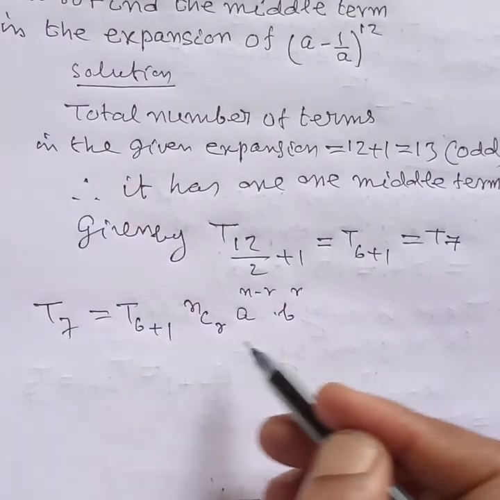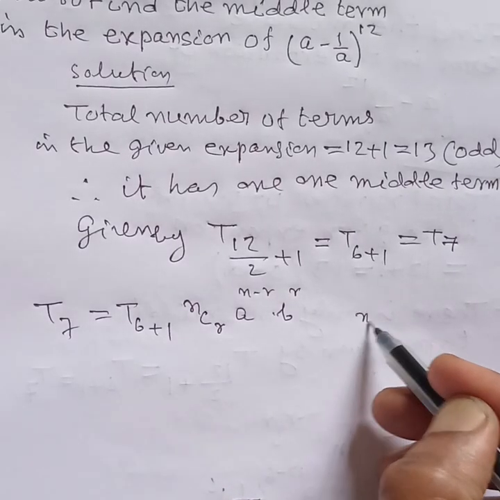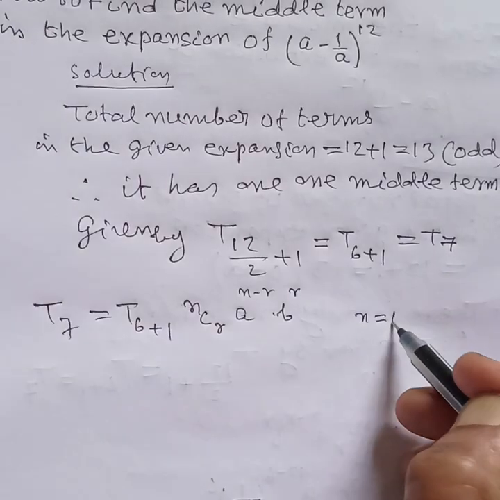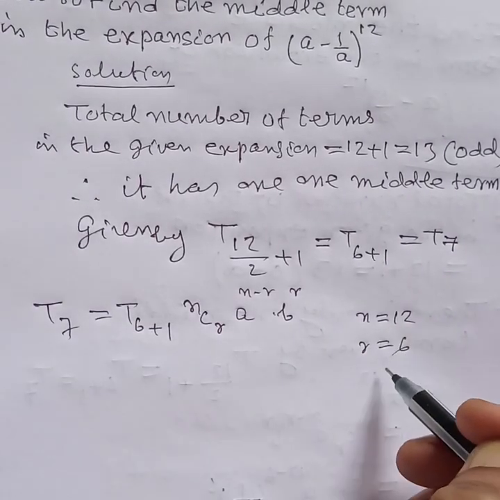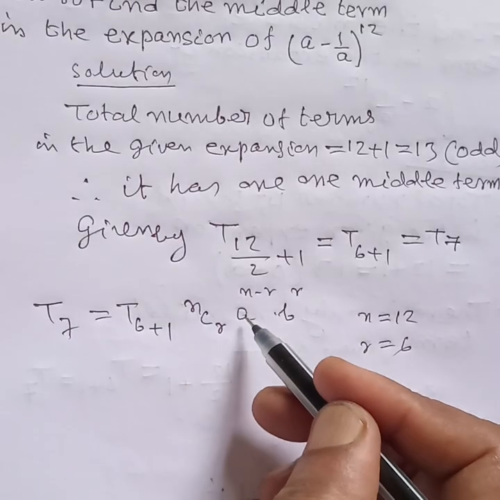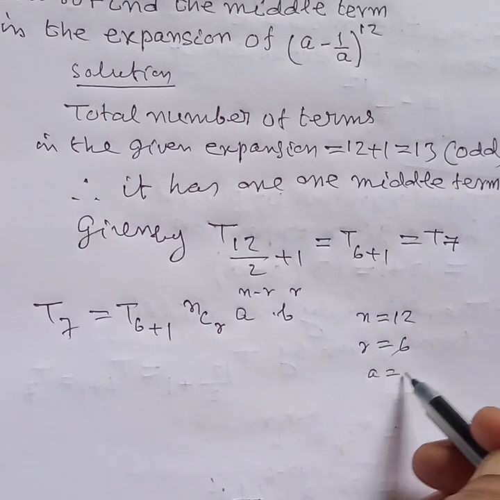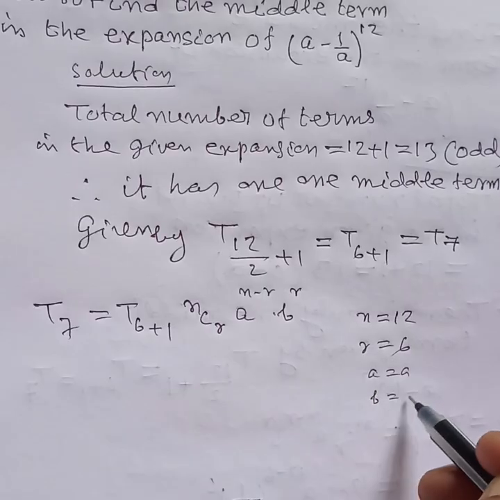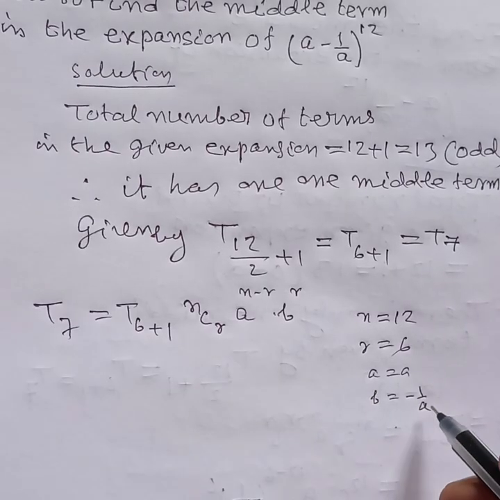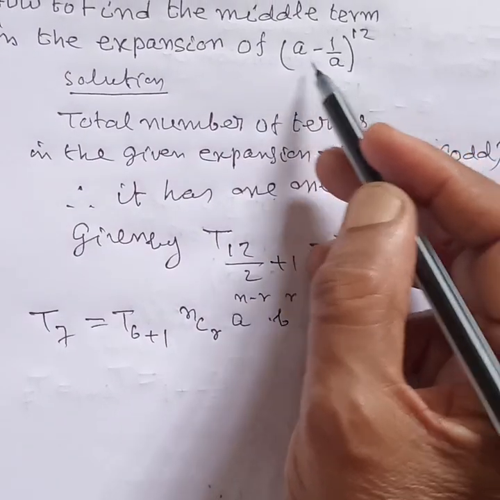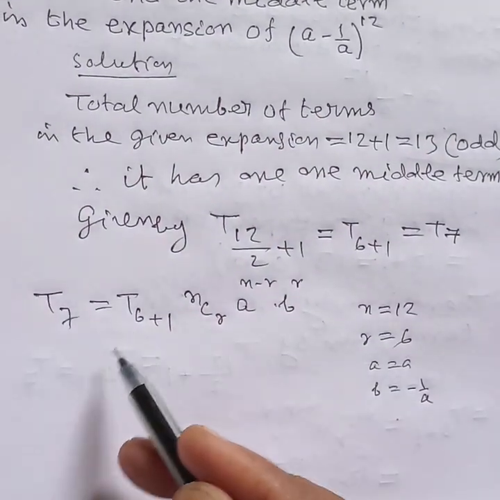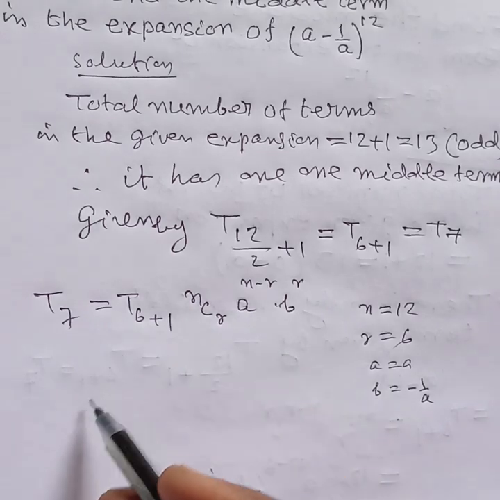Here r is 6, n is equal to 12, a is equal to a, and b is equal to minus 1 by a.